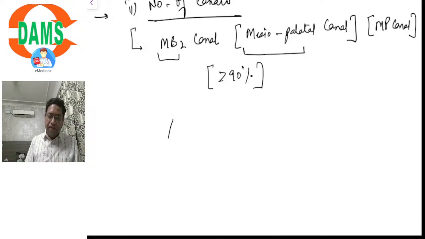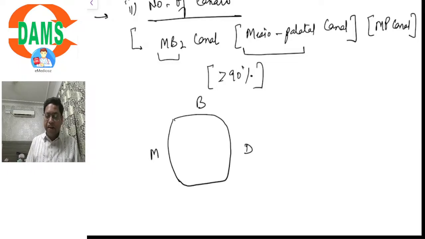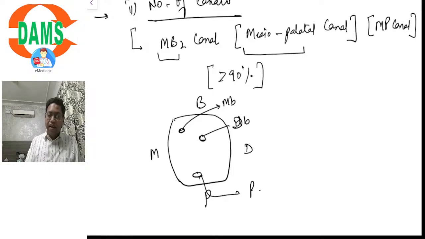And if we look at the maxillary first molar from coronal aspect, the mesial side, distal, buccal, and the palatal side of the tooth, this is your MB1 canal, this is distobuccal canal, this is palatal canal, and the MB2 canal or mesiopalatal canal is located somewhere here.